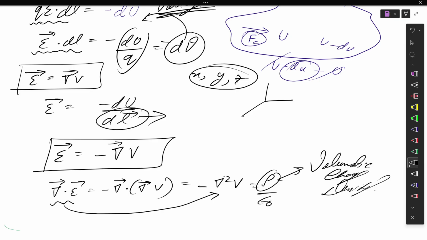From this point, this is nothing else but the differential form of Gauss's law, right?